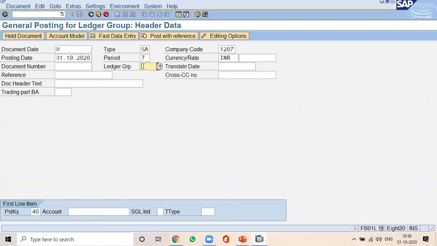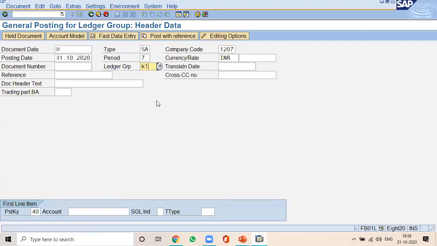Because here you have the ledger group. You can give the ledger group A1. In that case, the transaction is posted only in ledger group A1. Suppose if you enter KL, then the system will update the transaction in all the 3 ledgers, that is 0L, A1 and A2.